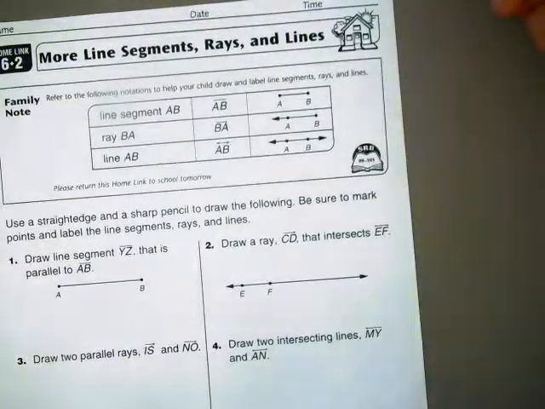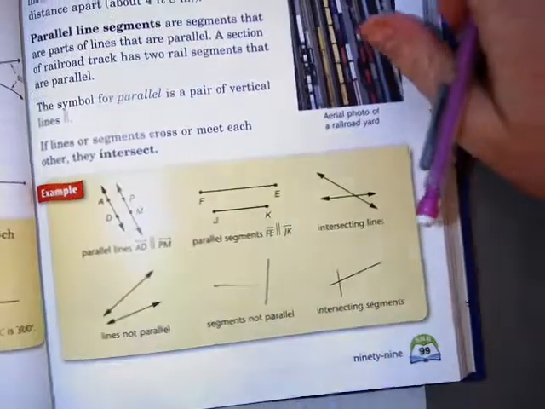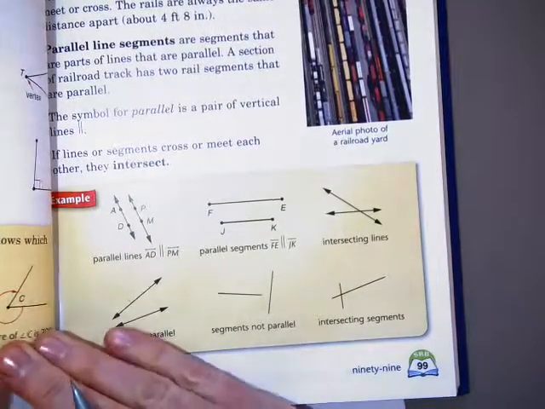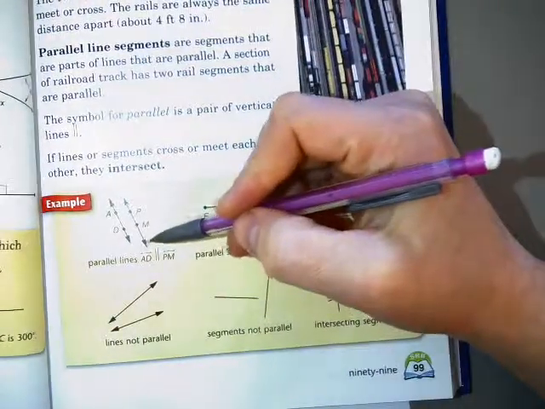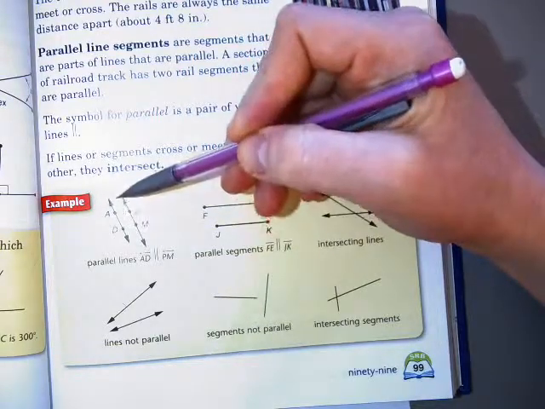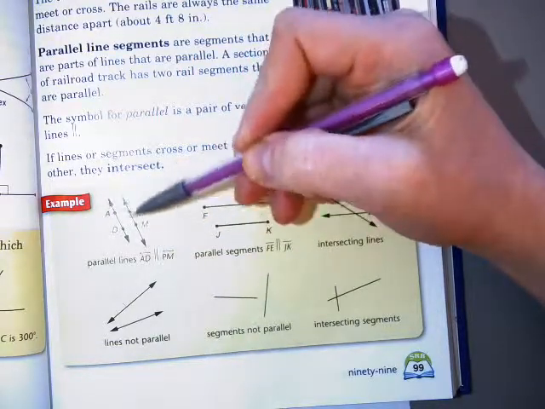And for this home link, students are going to need to be familiar with the terms parallel and intersecting. So this is page 99 in the reference book. Parallel lines are lines that run exactly beside each other on the same angle.